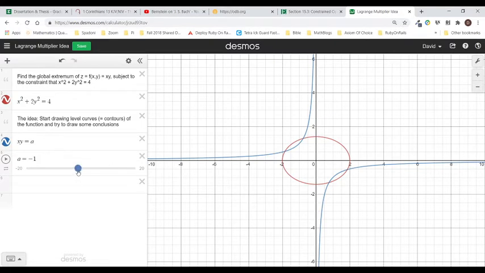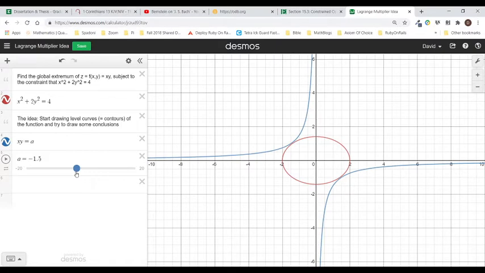But I think I can actually, unfortunately, lose a little bit more just by pulling back a little bit. And again, all the points where I'm losing as much money as possible are points where the contour or the level curve of our function is actually tangent to the constraint curve.